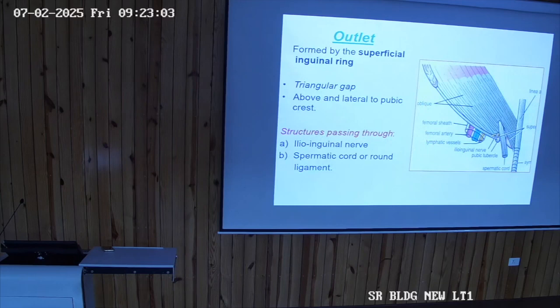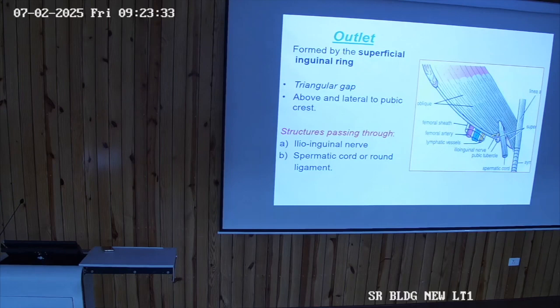Then the outlet is formed by the superficial inguinal ring, and it is a triangular gap that was oval or U-shaped. This triangular gap is situated above and lateral to the pubic tubercle. There was one more opening which was situated below and medial to the pubic tubercle. If you remember, we differentiate the femoral and the inguinal hernia by seeing the neck of that herniated swelling.